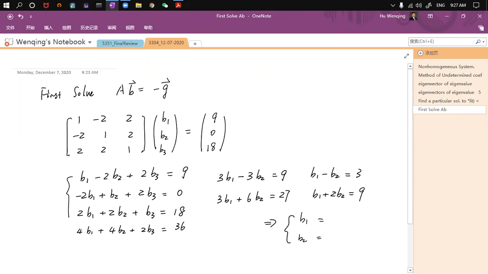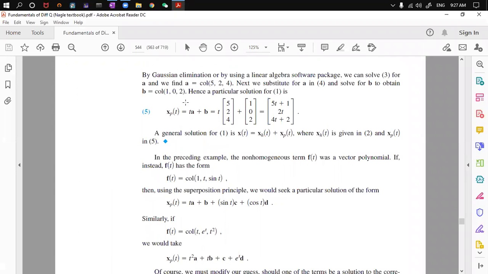Okay, so let's say B2 is 2, right? And then B1 is going to be equal to 5.